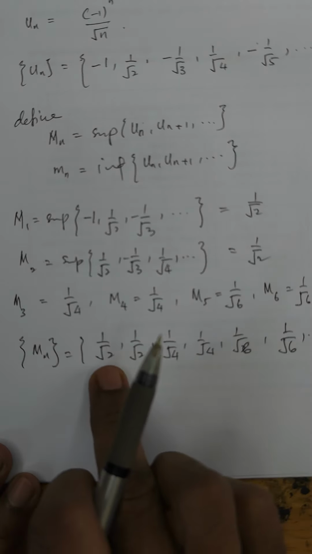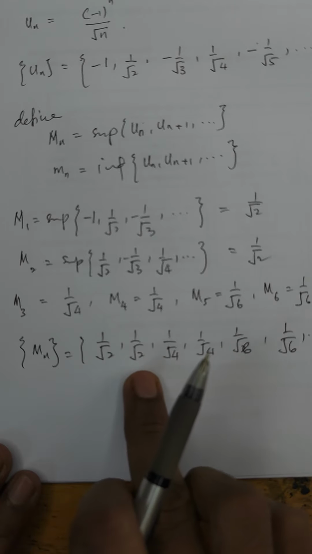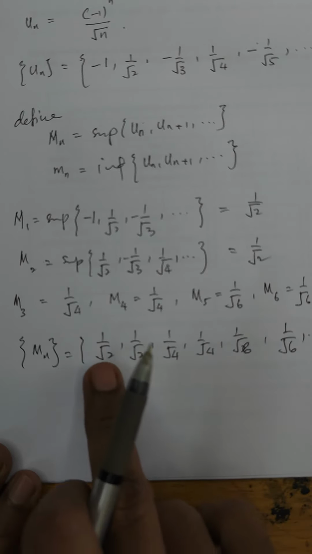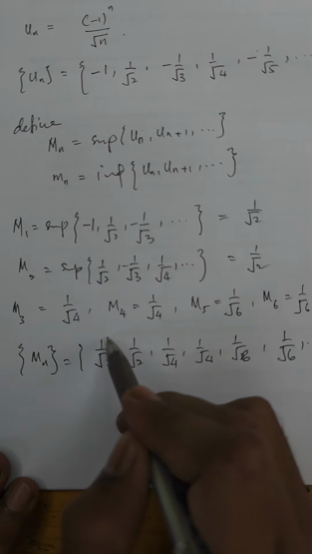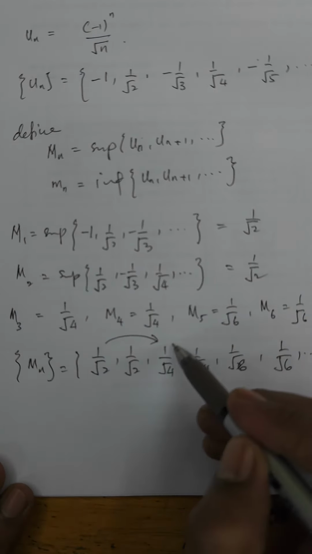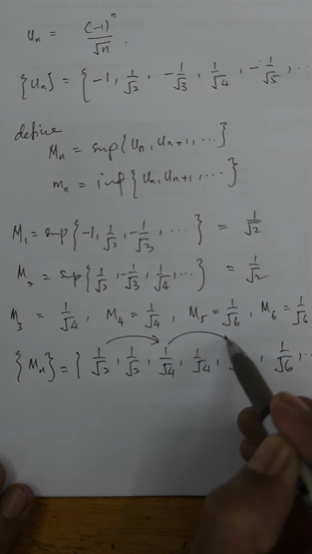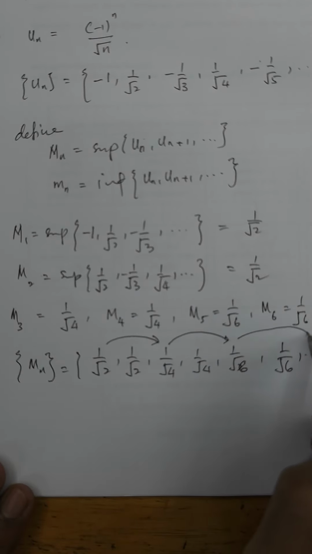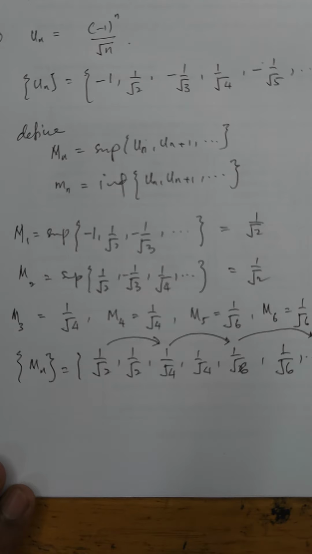Here, the first and second elements don't change, but the third element changes. So we go from 1 to 3, next to 5, next to 7. So you have 2n plus 1.